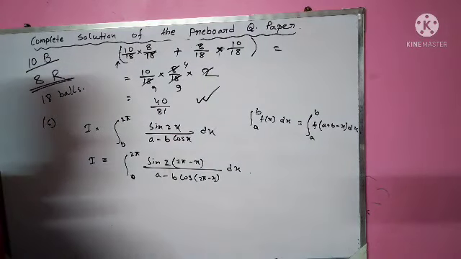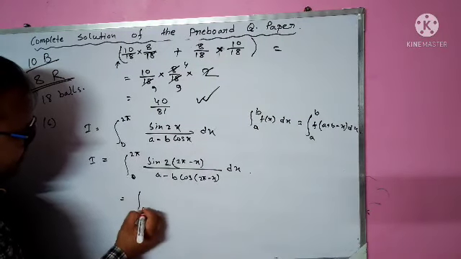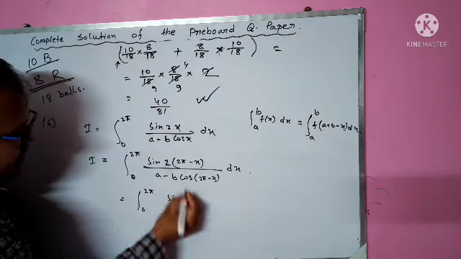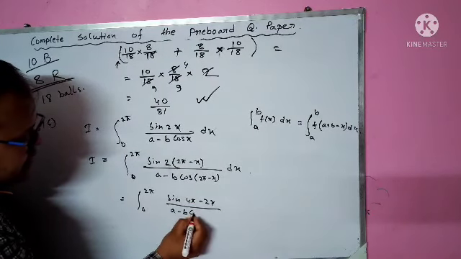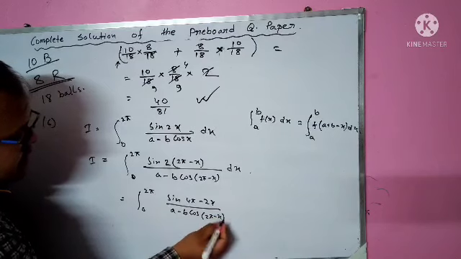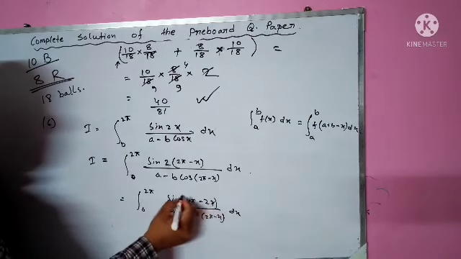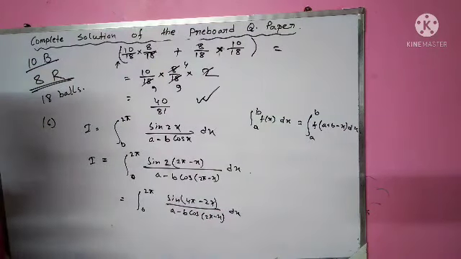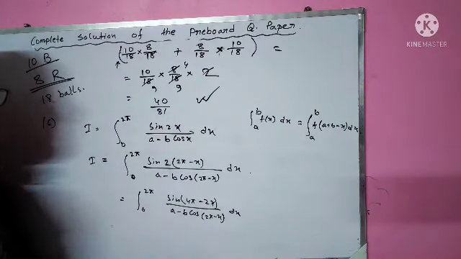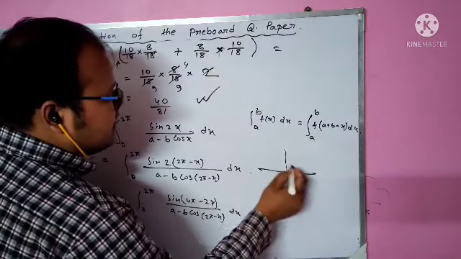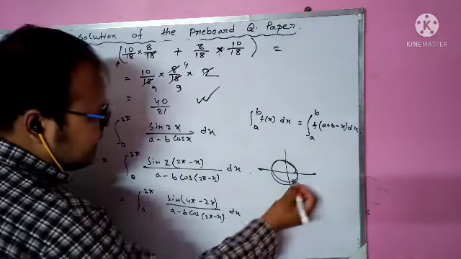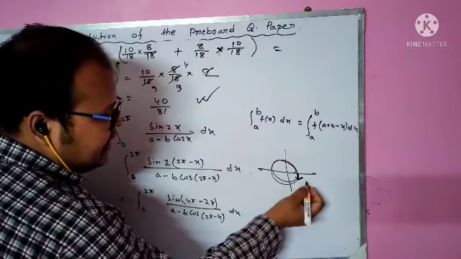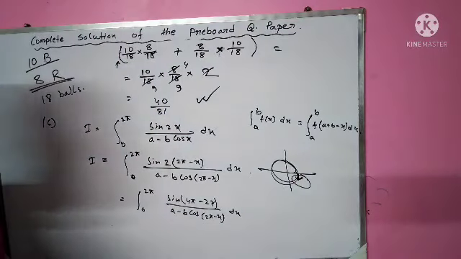So it is 0 to 2 pi of sine of 4 pi minus 2x divided by a minus b cos of 2 pi minus x dx. Now think about 4 pi minus 2x. 4 pi means 2 complete rounds, after that minus 2x, and 2x is an acute angle, so it will come to the domain of cos.